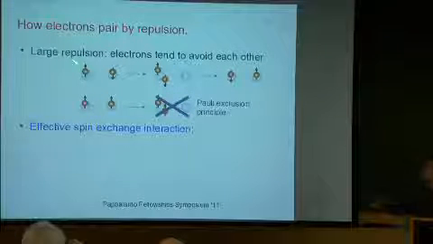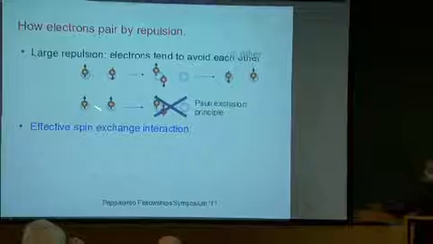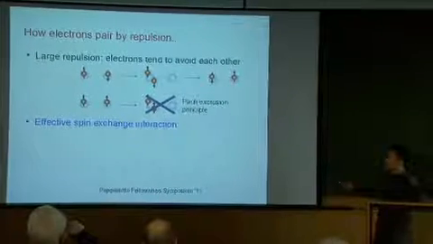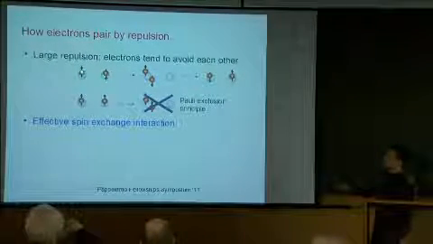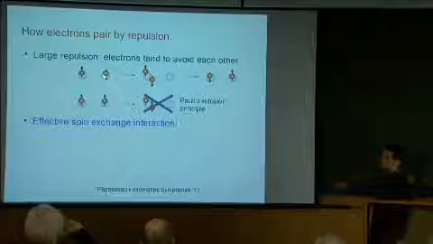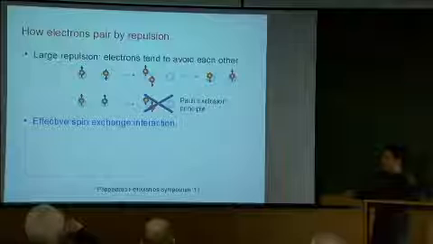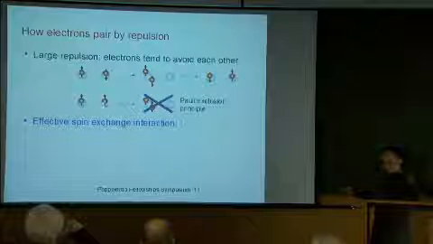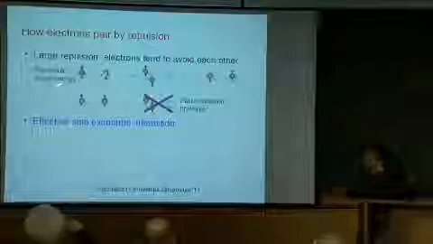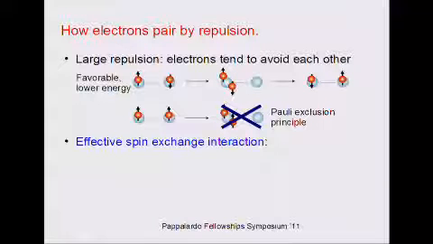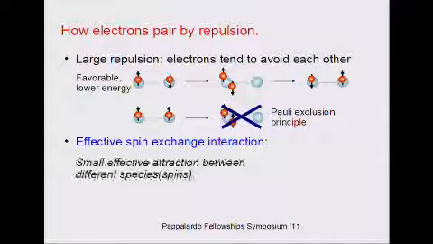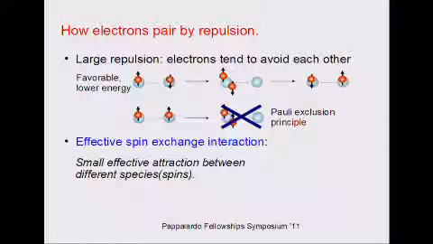So you see there's a subtle difference between the top and the bottom situation. For the top one, the electrons don't like to be on top of each other because of repulsion, but still they can move around. The bottom one is completely blocked. They cannot move. So in some sense, the top situation is favored. It has lower energy, and this gives us a small effective attraction between electrons of different spins.